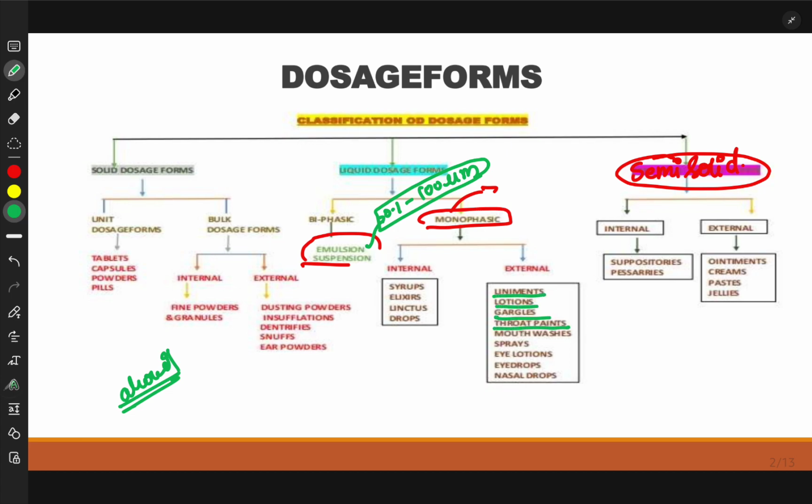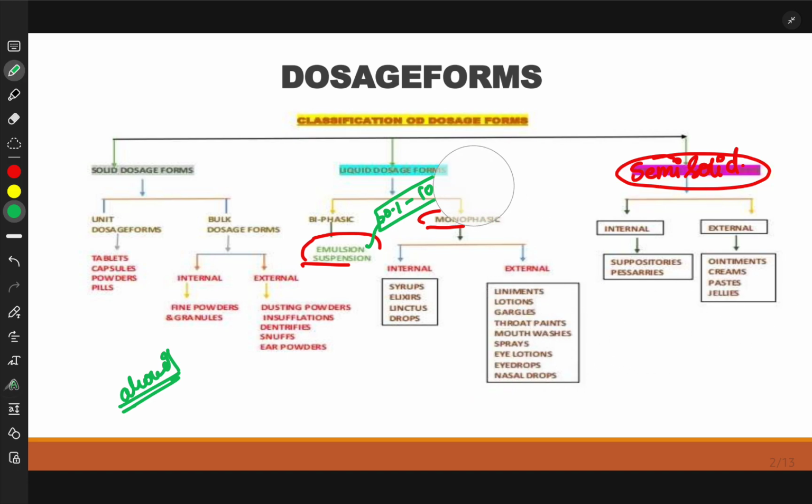Lotions, and gargles, which we take into the mouth and gargle. Throat paints are viscous preparations that are spread on the throat for upper throat infections. We use this type of dosage form for upper throat infections. And mouthwashes, sprays, eye lotions, eye drops, nasal drops, etc. are not that important for preparation.